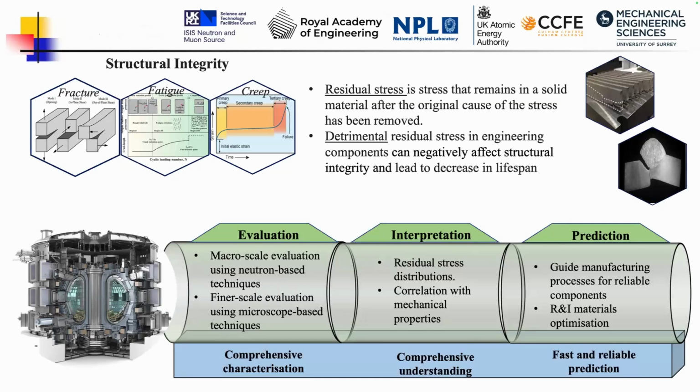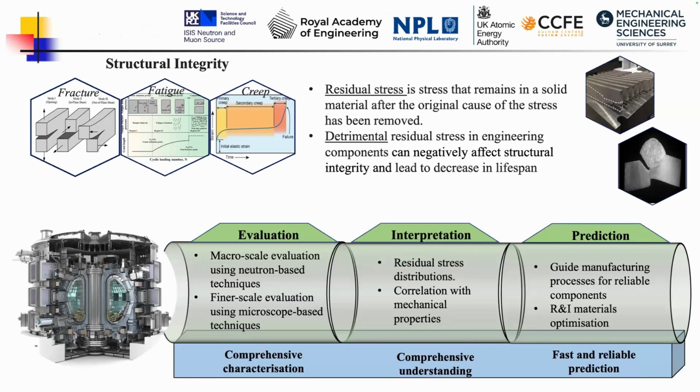but also mechanical properties, for example mechanical behavior. Moving to the third step, the insights from those experimental observations help us build machine learning powered modeling or finite element-based modeling to predict residual stress, once again cost effectively and reliably.